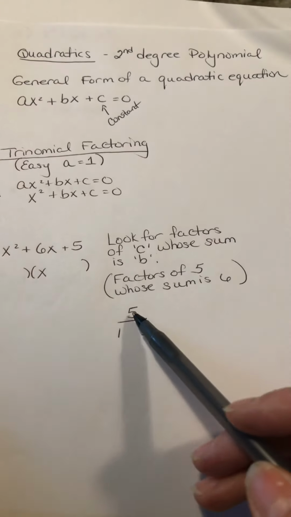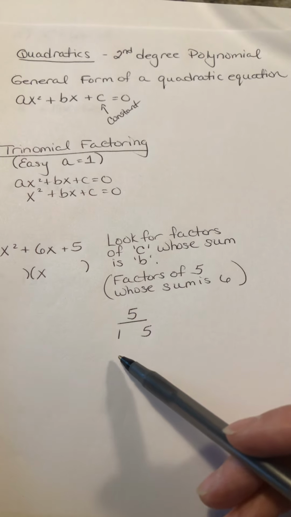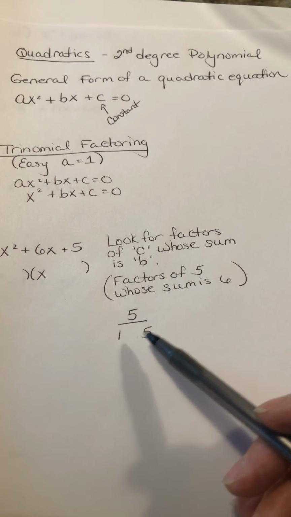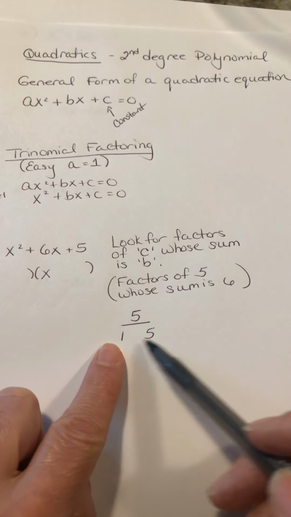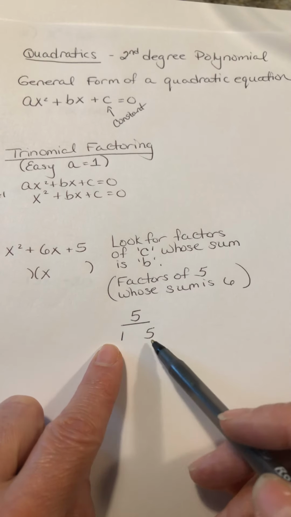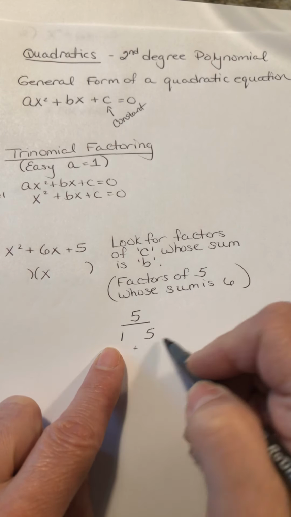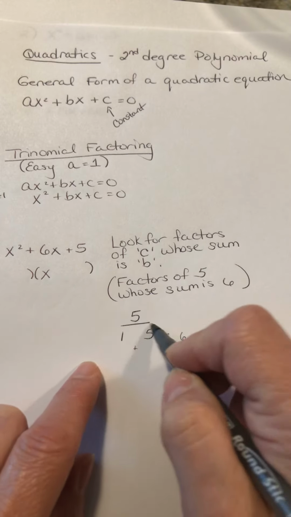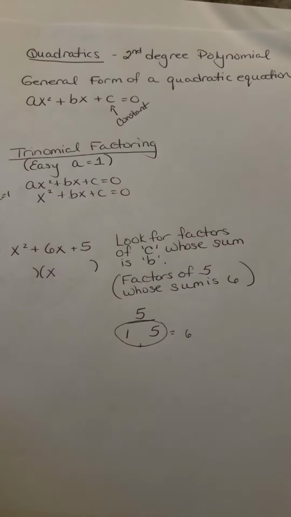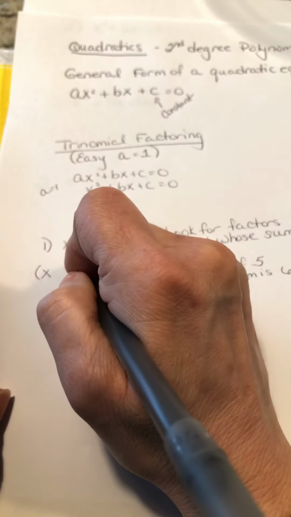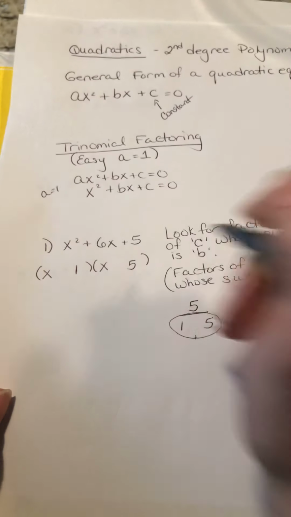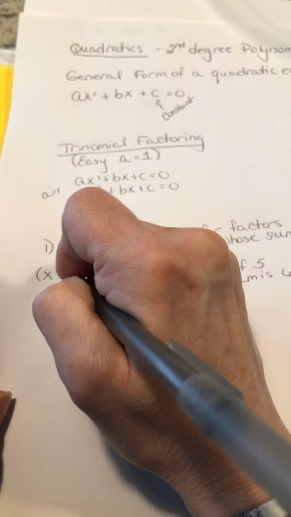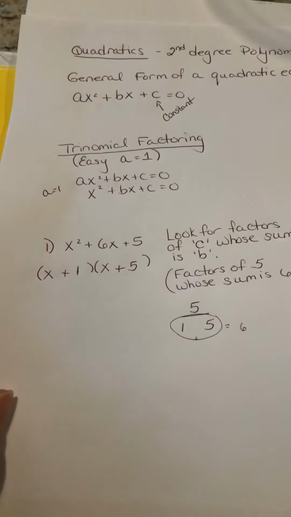The only two factors of 5 are 1 and 5. They multiply to give me 5, and if I add them together, I get 6. So 1 and 5 are the numbers that I place in here. And because these are both positive, I'm going to have two positives here.